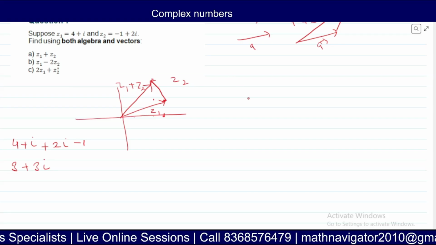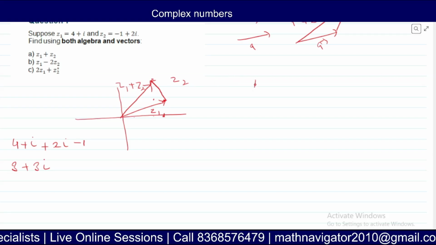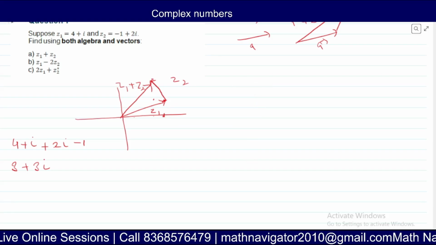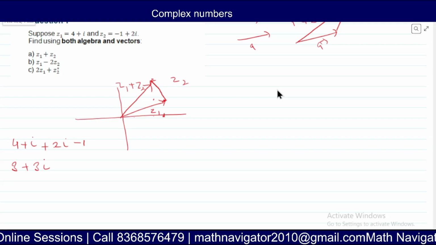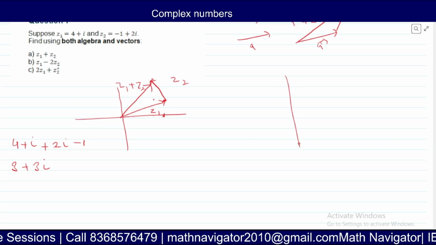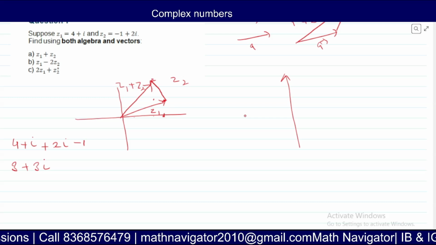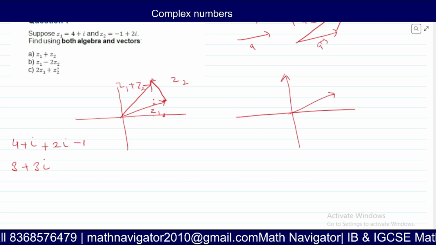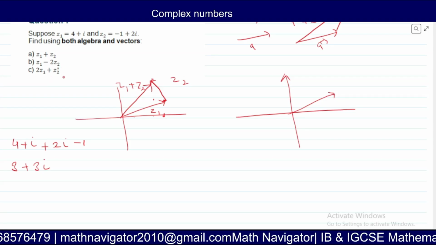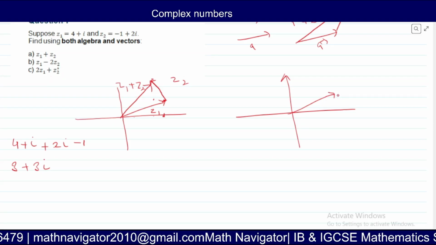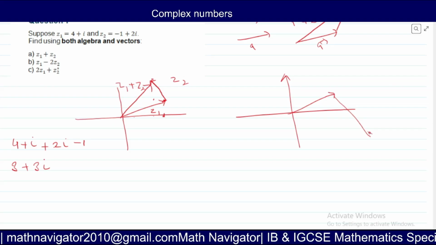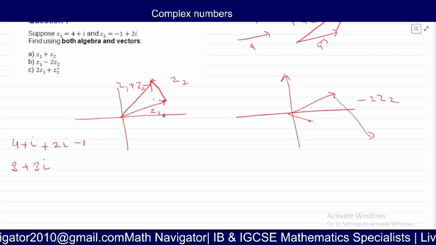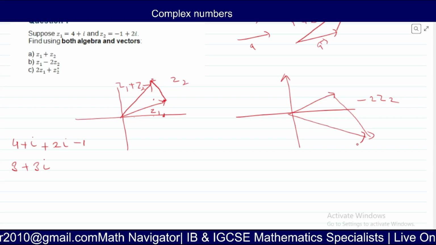Z1 minus 2z2. So again, it will be something like this. My z1 is the same here, somewhere here. And minus 2z2, that means negative of twice of z2. So let's call this the negative 2z2 addition answer. Got it?